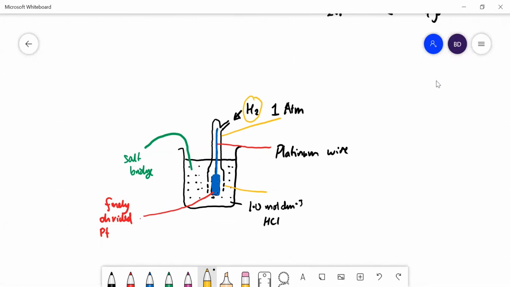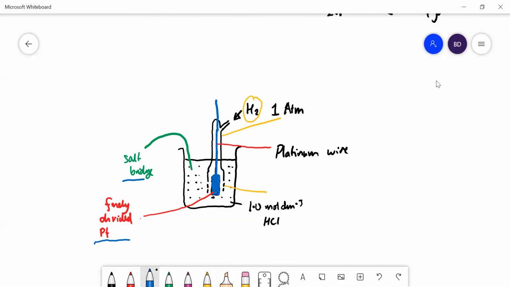That's important. If you increase the pressure, you'll change the voltage. You have a platinum wire that should then connect to the other half of the cell. And at the bottom of this, you have this finely divided platinum, which is catalytic and helps the hydrogen ions and the H2 exchange the electrons. And then that's just the salt bridge.